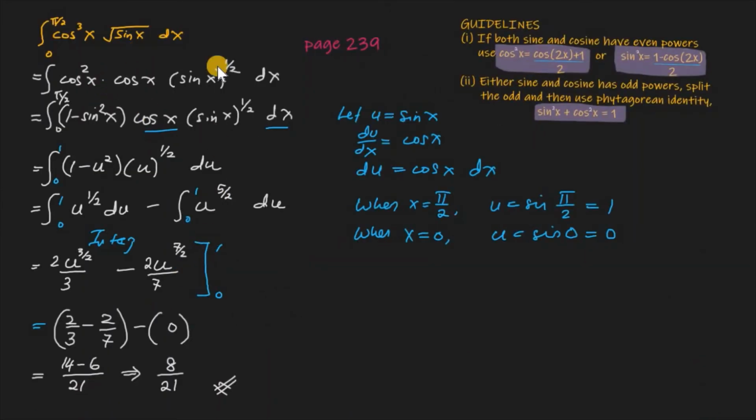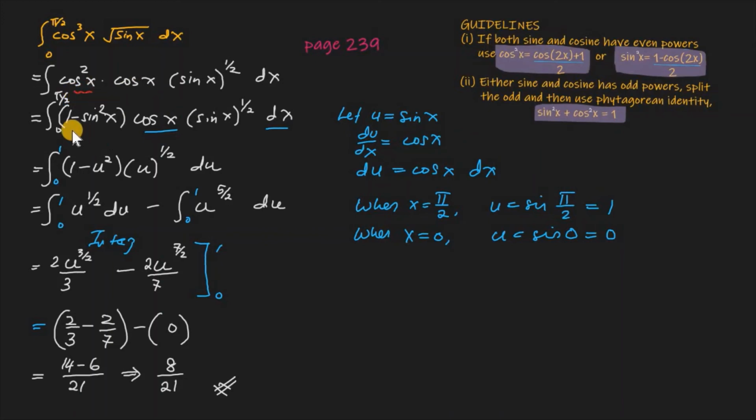There is another example given in our workbook, of cosine power 3x and the radical of a sine. So again, this is case 2, where the cosine has the odd power. The first step is to split this cosine power 3 into cosine power 2 and then cosine x, and then use the Pythagorean identity.